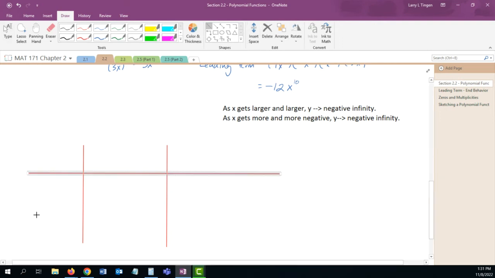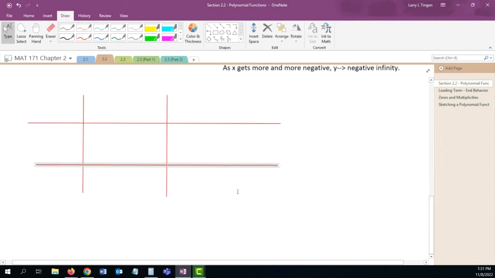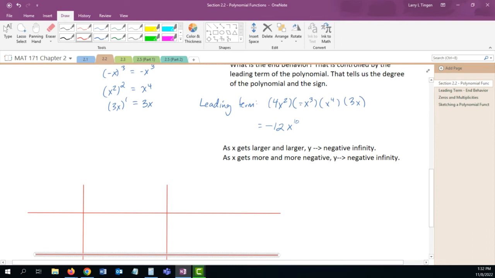And let me give you one more piece for notation's sake. They would say for this that the degree is 10 and that the leading coefficient, which they label as a sub n, is negative 12.